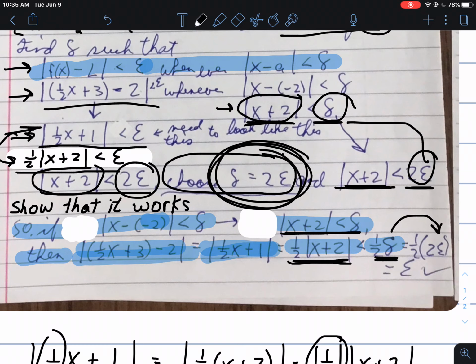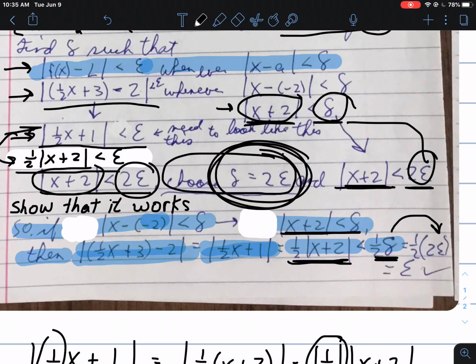So ultimately what this statement says is, if the absolute value of x plus 2 is less than delta, then the distance between f of x and L is less than epsilon. Gotta love algebra, right? Because that's all this is. It's an algebra rewriting of that thing.